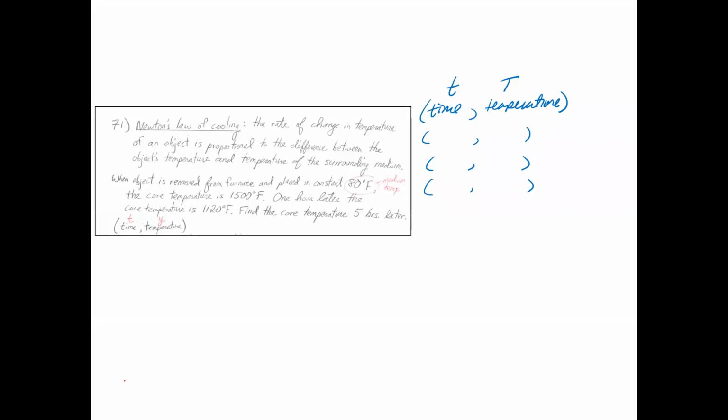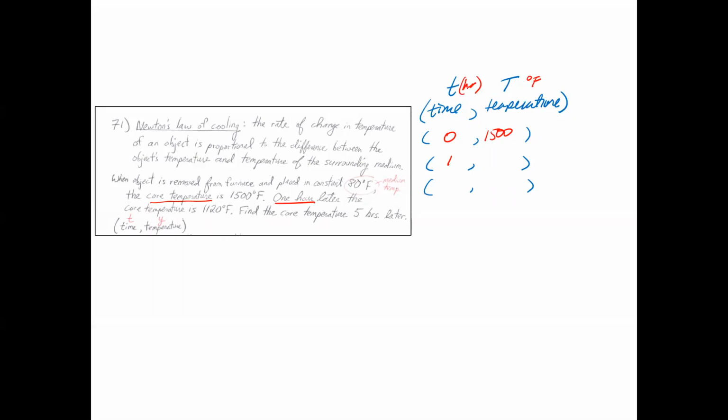Well, it is given to you that when the time is at 0, your initial temperature, which is the core temperature of the object, is at 1500 degrees Fahrenheit. And then one hour later, so this is in hours, and the temperature is in Fahrenheit.